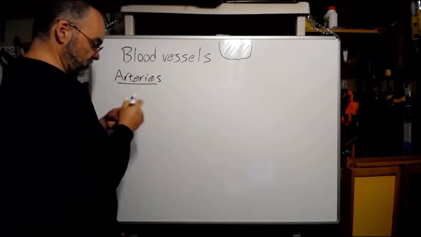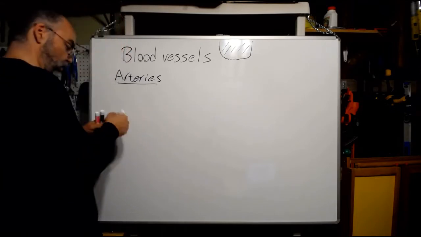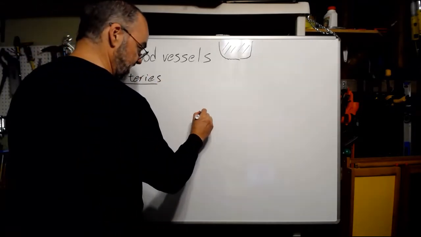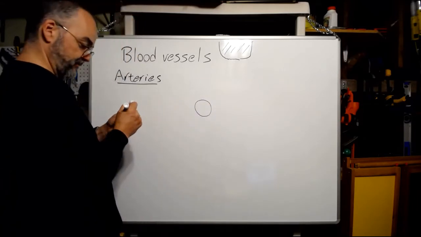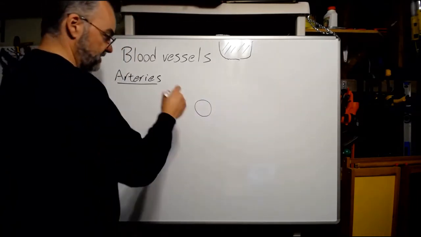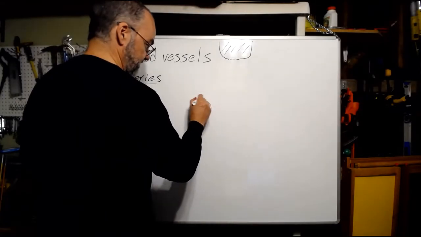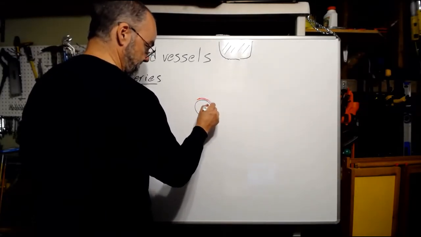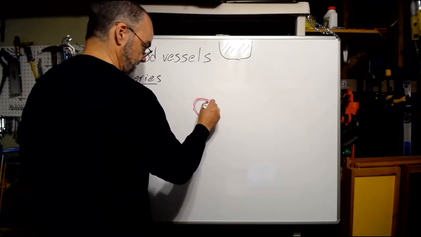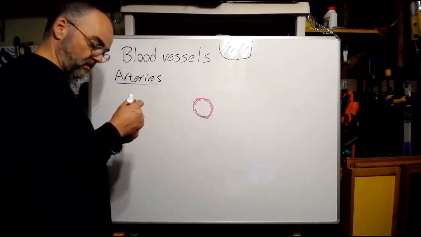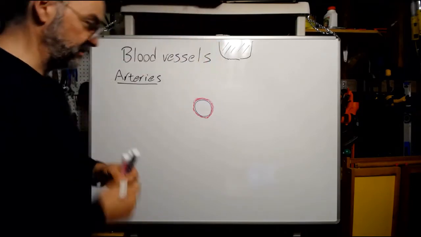But arteries will have the same set of structures. The innermost layer is the endothelium and a basal lamina, and I'm going to add on to that basal lamina.